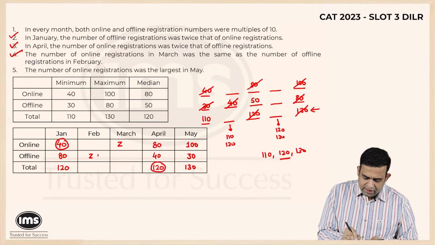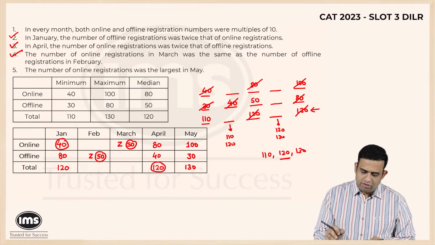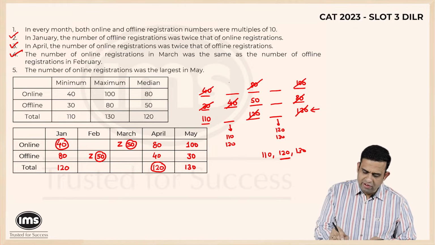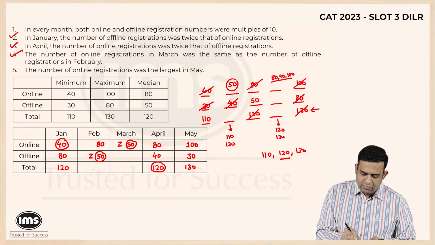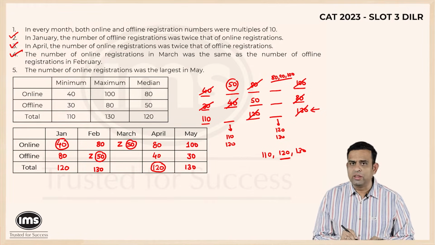For example, if I take this particular number as 50, then this also will become 50. So right now you have 40 for online. We have taken this as 50. So this particular number has to be minimum 80 or 90 or 100. So now if you put 80 over here as minimum, this total becomes equal to 130.